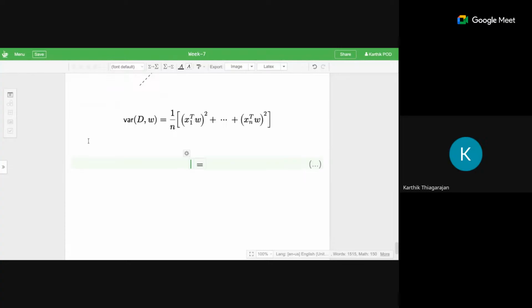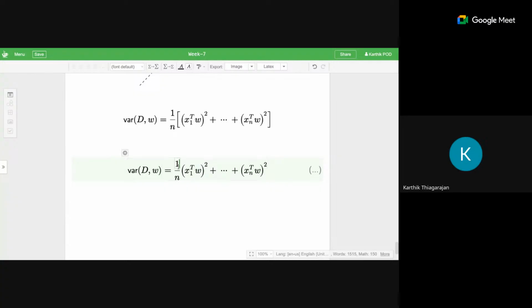So what is the variance of the data set along the line W? That is 1 by n, and I'm copying x1 transpose W square, and so on, right?